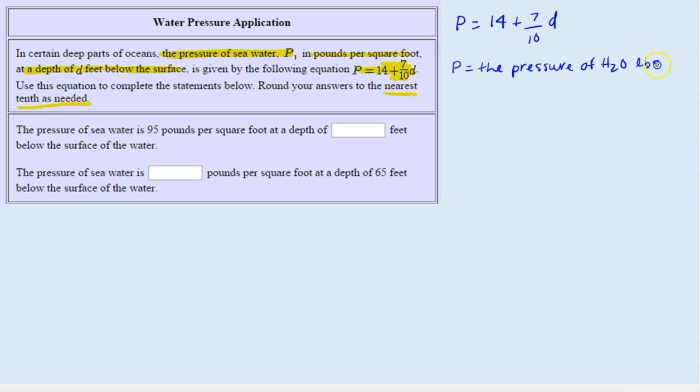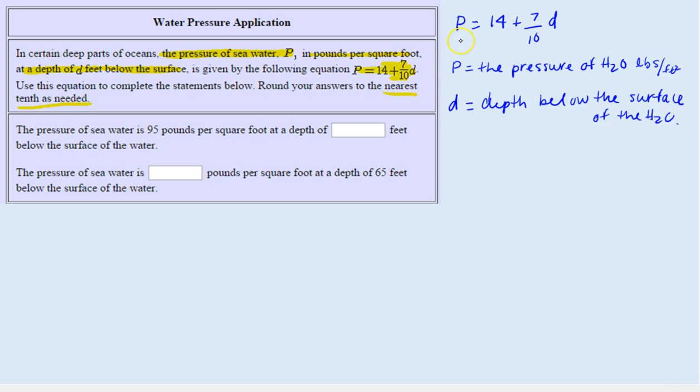So I'm going to write that in pounds and square feet. That's just a short version of writing that unit. And little d represents the depth below the surface of the water.